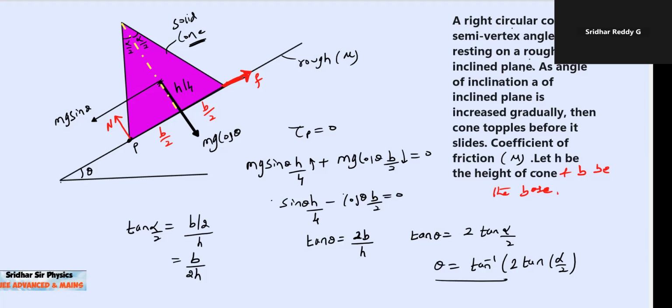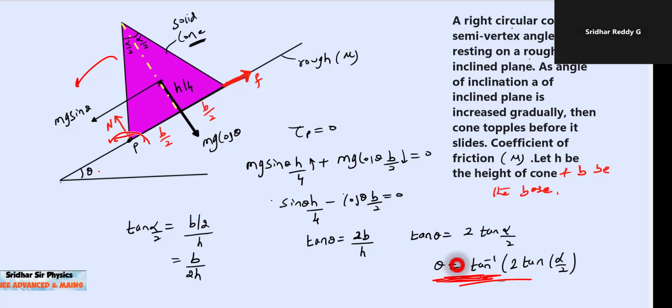If theta is greater than this particular value, the cone will topple about P and it will fall off. This is one basic idea. We can have any different shaped objects kept on an inclined plane or on the ground.